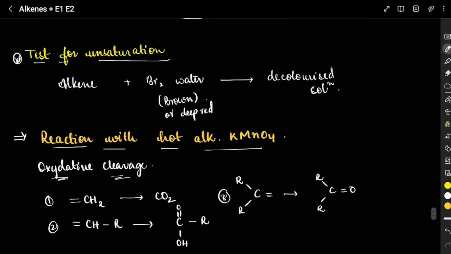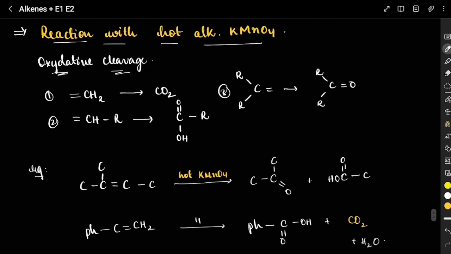Now let's see hot alkaline KMnO4. Till now we saw cold alkaline KMnO4. Now it's time to discuss hot alkaline KMnO4. This is called oxidative cleavage. Why is this reaction called oxidative cleavage? Let us see.